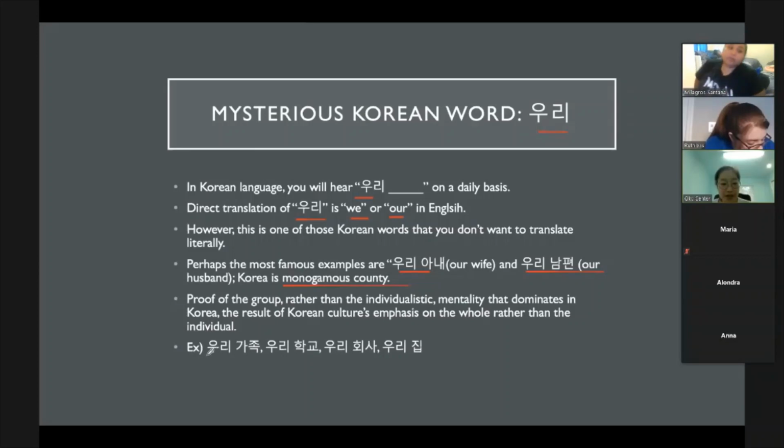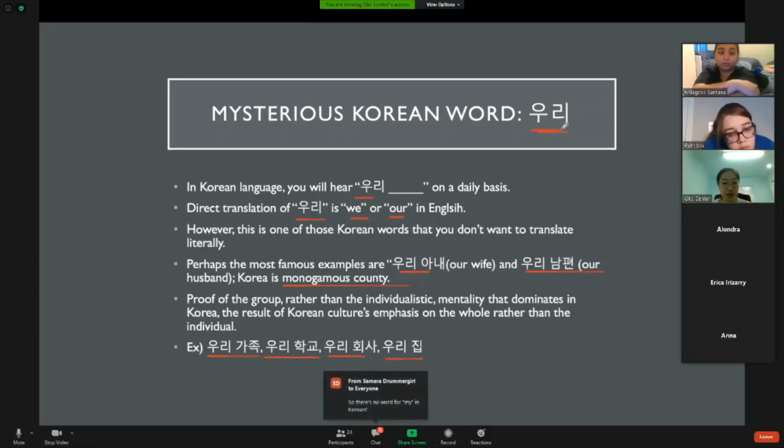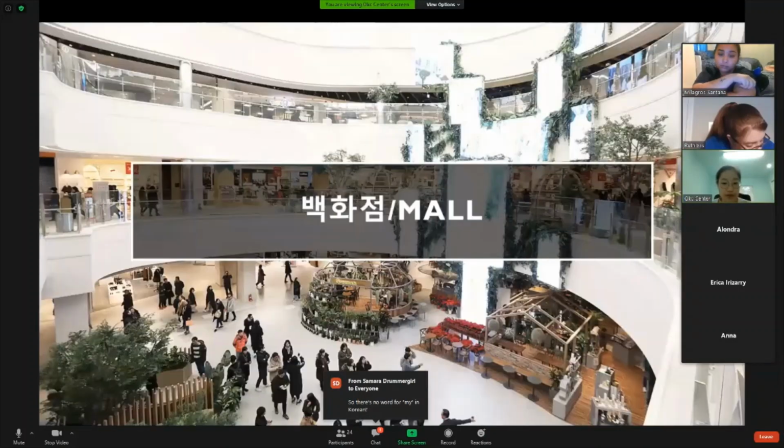So that's why we say 우리 가족, meaning our family. 우리 학교, our school, even though the other person is not going to school as I do, you will just say our school. And 우리 회사, our company, our house. Even though it's an individual thing, you will say 우리 because Korean culture is more group than individual.